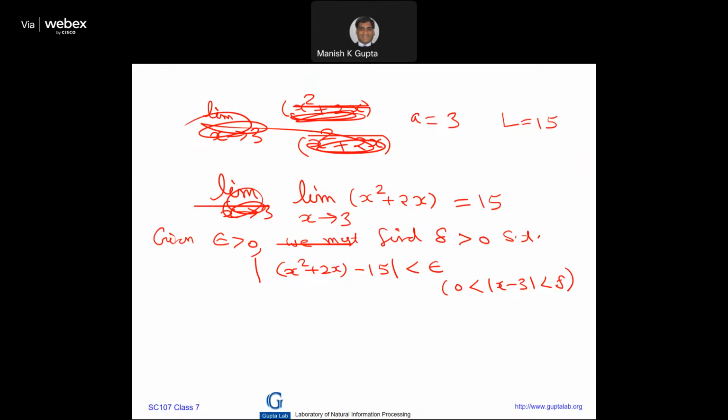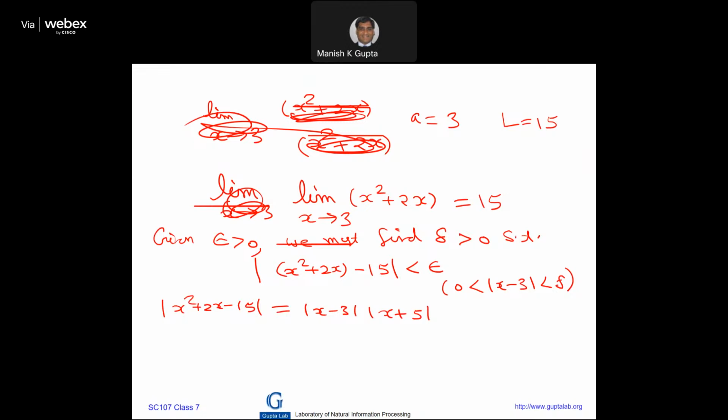Can I use some delta? Observe very carefully how we choose delta here. It's a very interesting thing, and I'm sure there will be tons of doubts in this example, so watch it carefully. Now, mod of x square plus 2x minus 15 is nothing but mod of x minus 3 times mod of x plus 5. Do you agree?